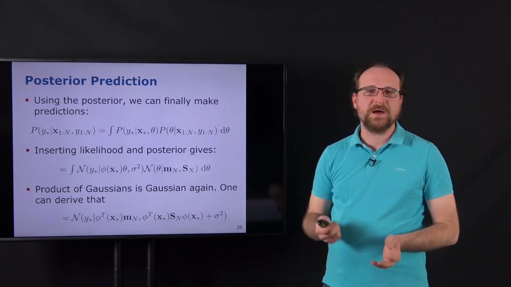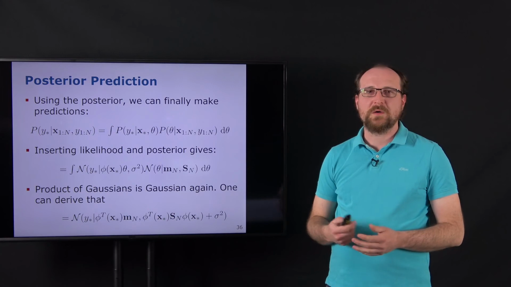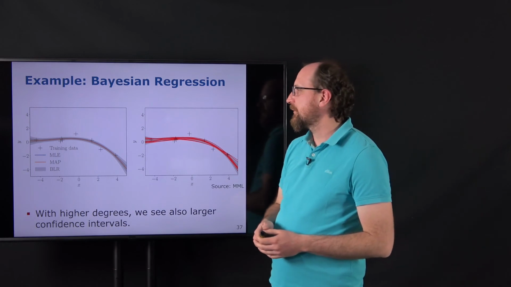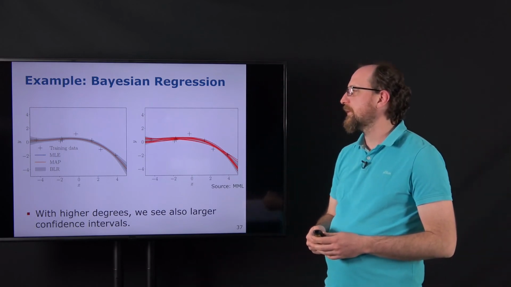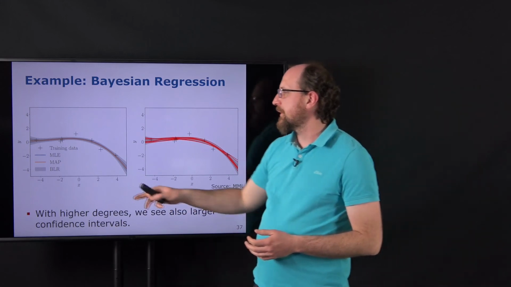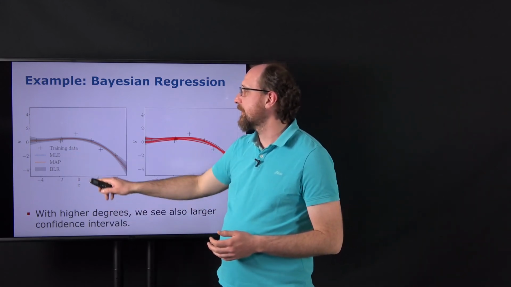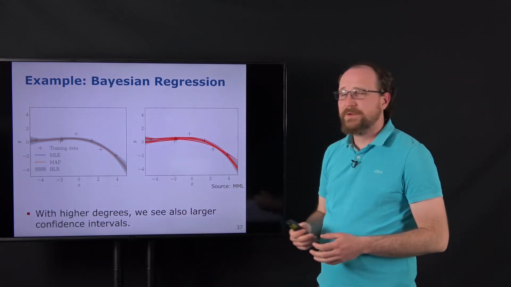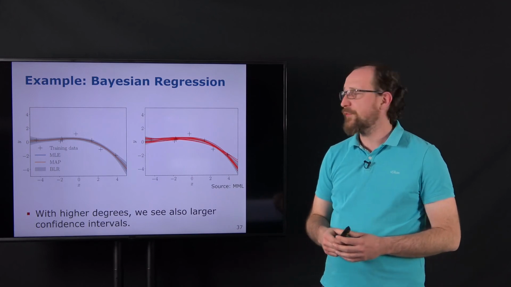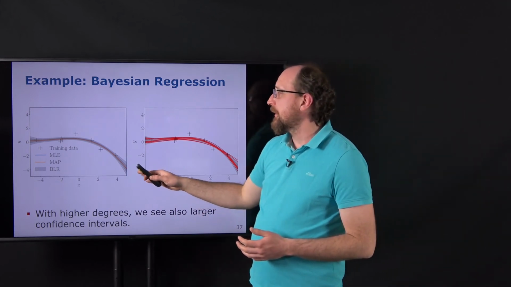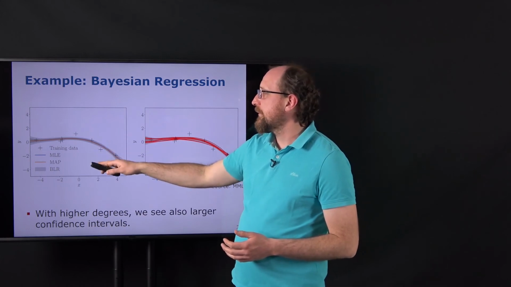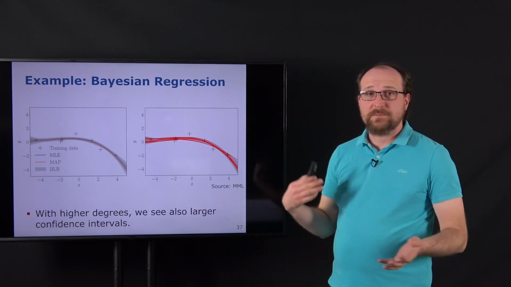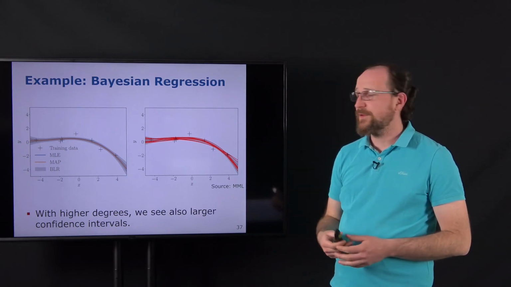And when you then apply this whole thing to one example for regression, you can see the following. We have here the maximum likelihood estimate in blue again, the maximum a posteriori estimate in orange, and the authors of the Mathematics for Machine Learning book also visualized the confidence intervals over the predictions, which you get when you do the Bayesian estimation.